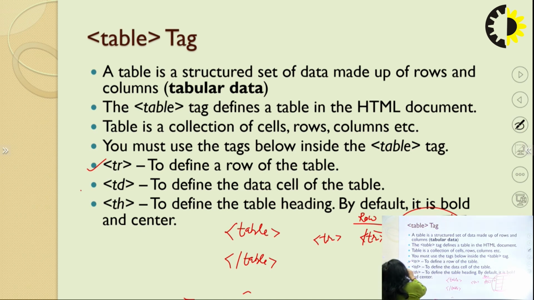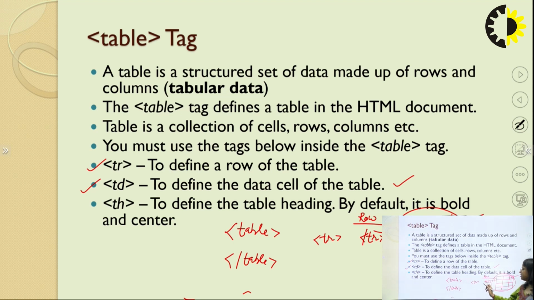So, next one is the td tag. The td tag is used to define the data cell of the table. So, if you want to enter the data into the cell, you must use this td tag. Okay.